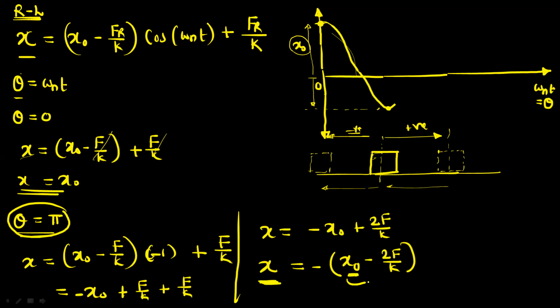It is x0 minus 2f upon k, and this negative sign indicates that it is on the negative side of the mean position. So when the mass reaches the left extreme position, its displacement is reduced by this value 2f upon k with respect to the initial value.